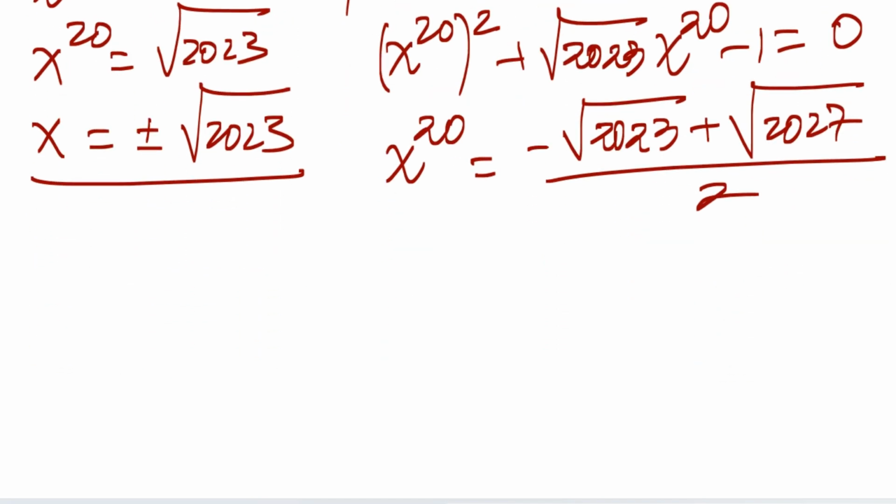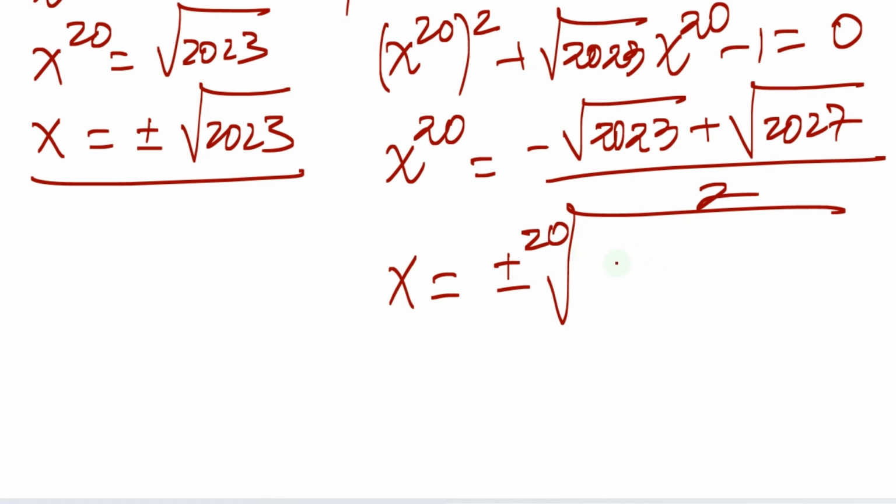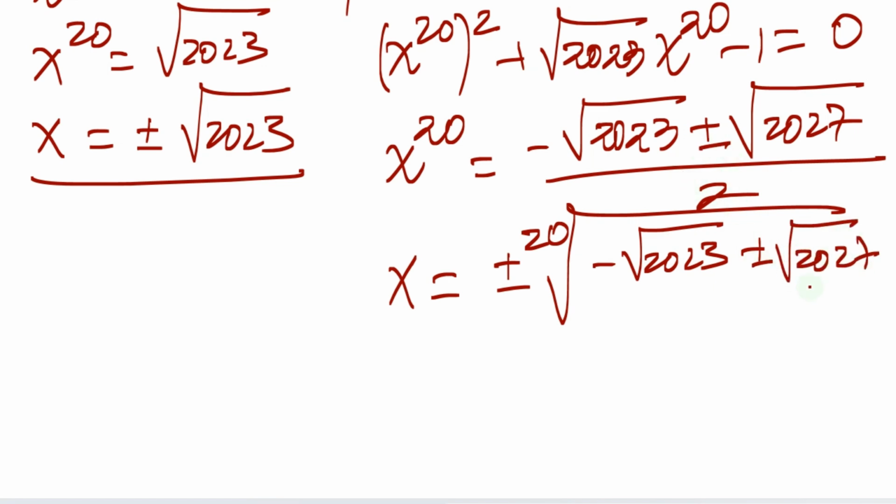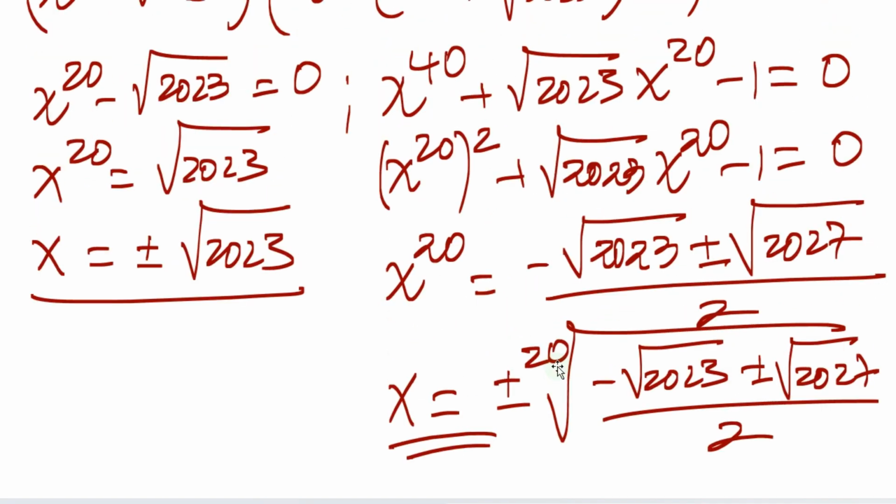So now the other solutions are going to be x equals plus or minus the 20th root of minus square root of 2023 plus or minus the square root of 2027, and this divided by 2. So these are the solutions, guys, and this was the first method.